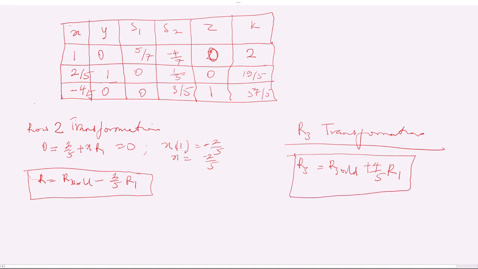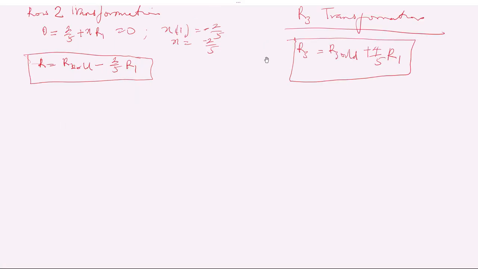Now that we know these transformations, we can just compute what the values will be. So R21 equals 0, of course.